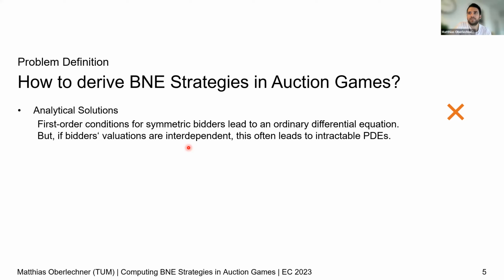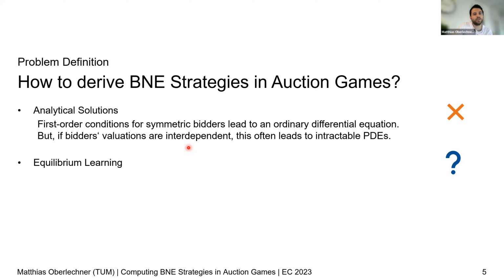But this mostly works in very simple settings where bidders are symmetric, valuations are independent, and stuff like that. But if you look at more complex settings where, for instance, valuations are interdependent, you might end up with a PDE that we do not know in general how to solve.